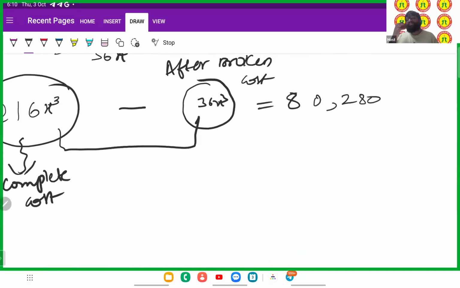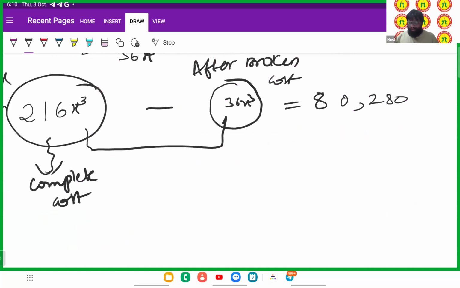See how much technique you have to brush up your brain before solving this question. So overall, how much you are getting this as overall how much this is 180 cube. 180 x cube is equal to 80,280. This will get cancelled.